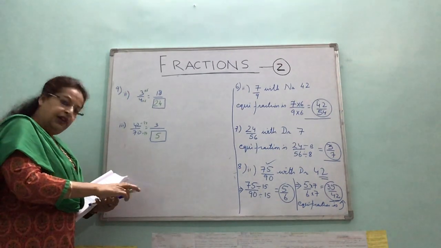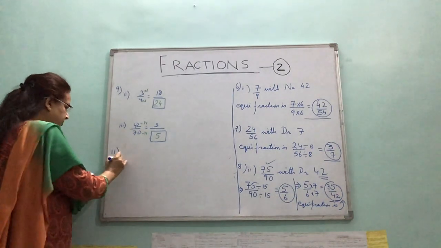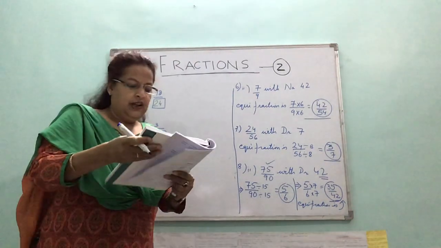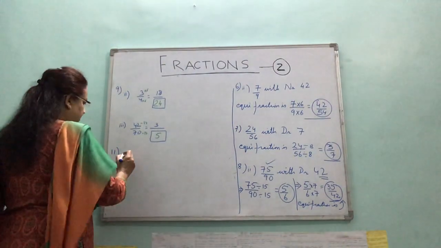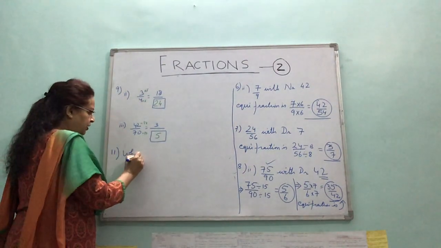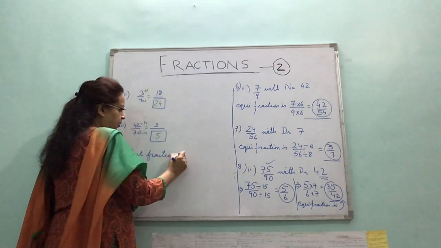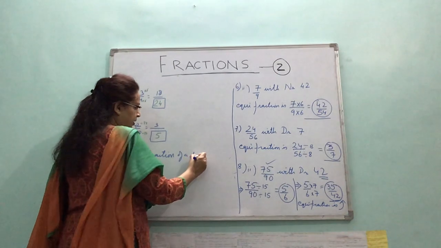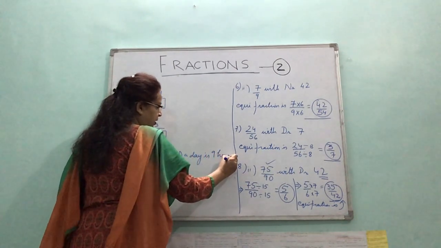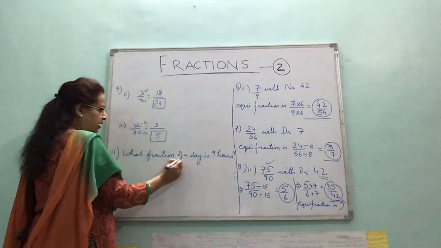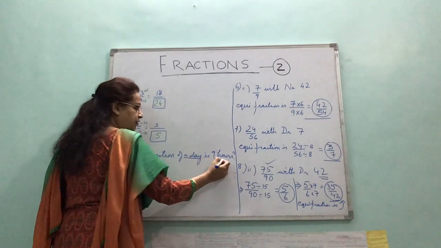And the last question of the exercise which I take up is question number 11, which says, what fraction of a day is 9 hours? I have to tell in a day, what is that fraction of 9 hours?